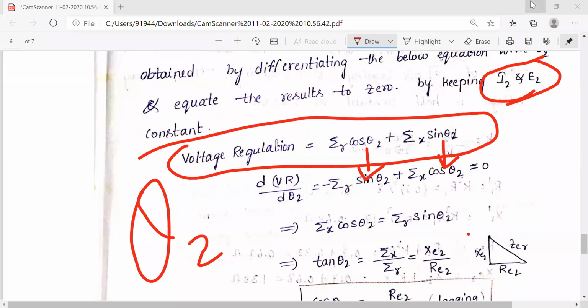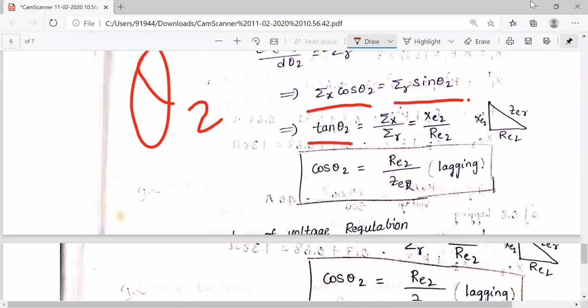After calculation, sigma X cos theta equals sigma R sin theta, so tan theta equals X equivalent of 2 by R equivalent of 2. This is the cos theta value.